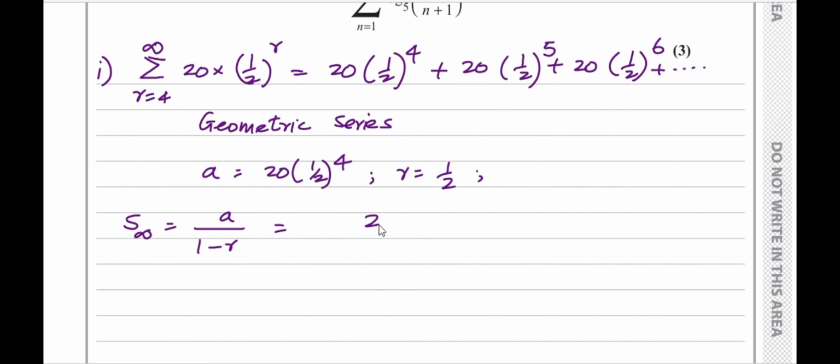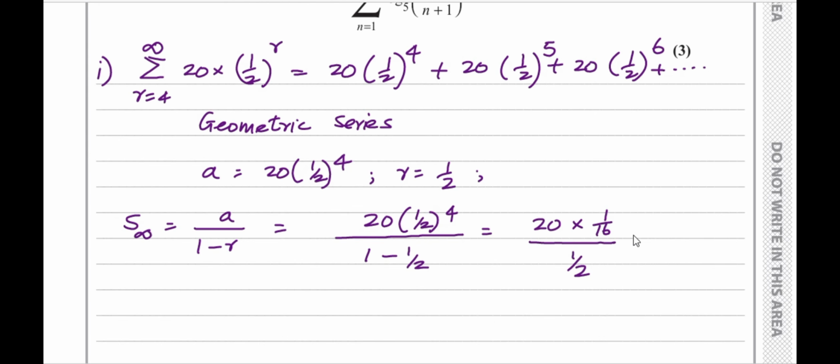Substituting these values here, 20 times (1/2)^4 over 1 minus a half. That's equal to 20 times 1/16. In the denominator, it's going to be 1/2. That is equal to 20/16 times 2/1, which is equal to 40/16, which is equal to 2.5.